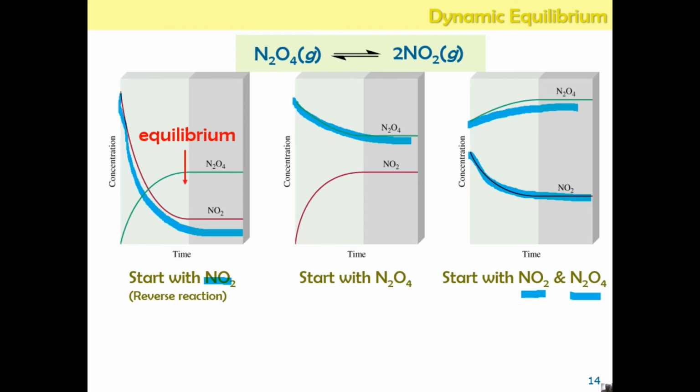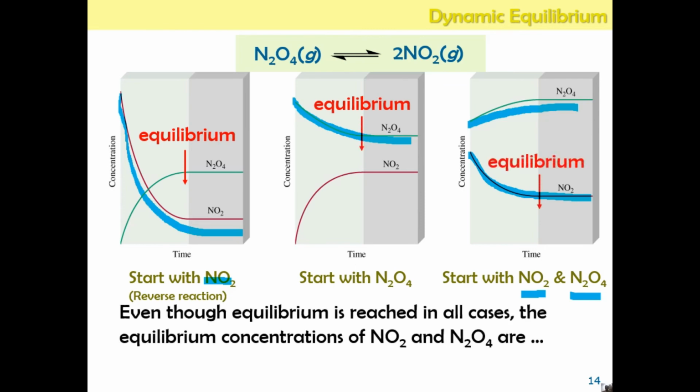So equilibrium is reached here after the lines. Even though equilibrium is reached in all cases, the equilibrium concentrations of NO2 and N2O4 are not the same. Remember, after equilibrium is reached, the concentration of N2O4 and the concentration of NO2 are not the same.